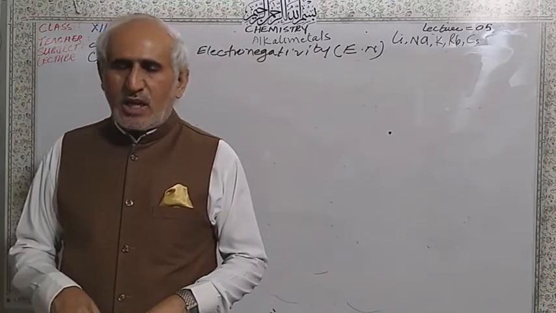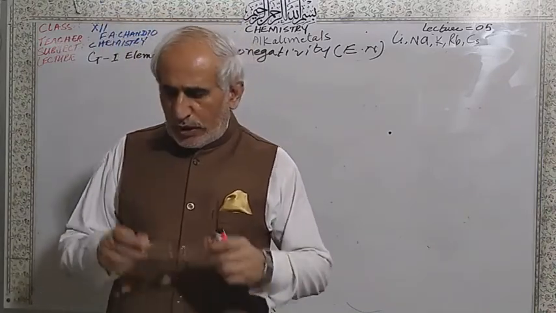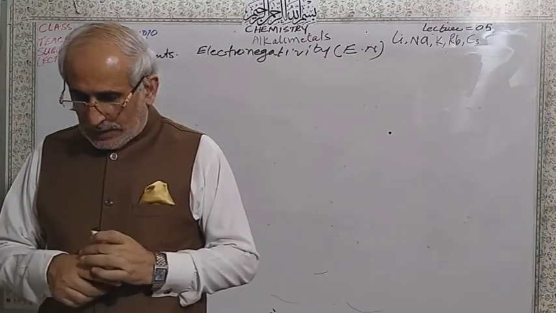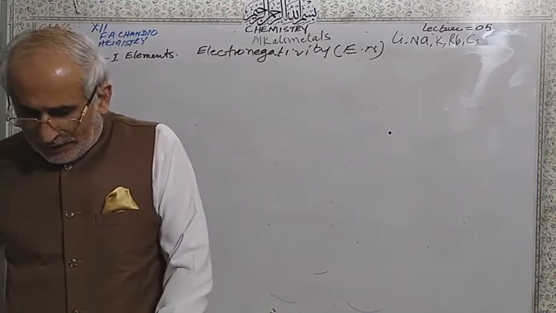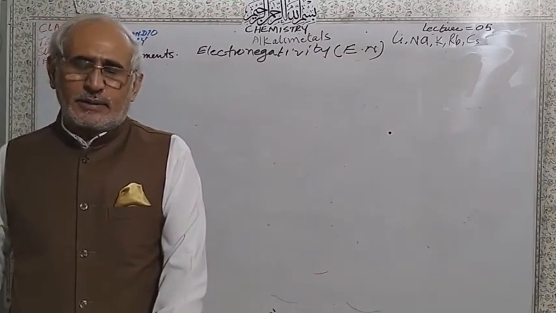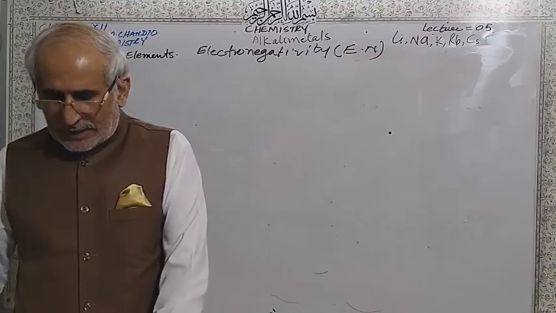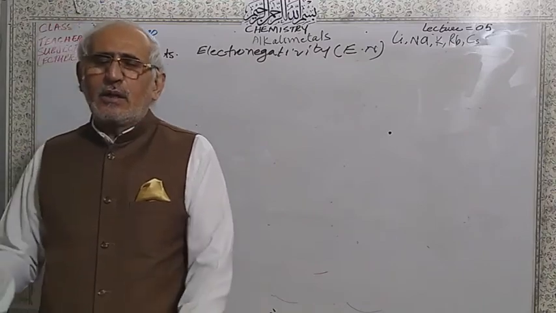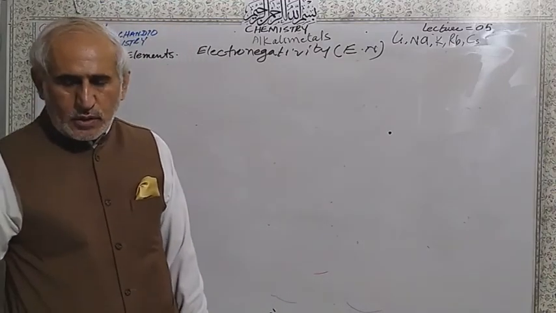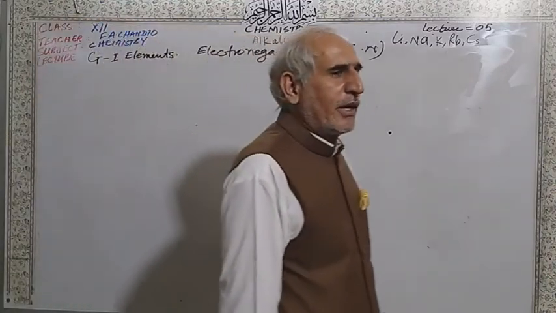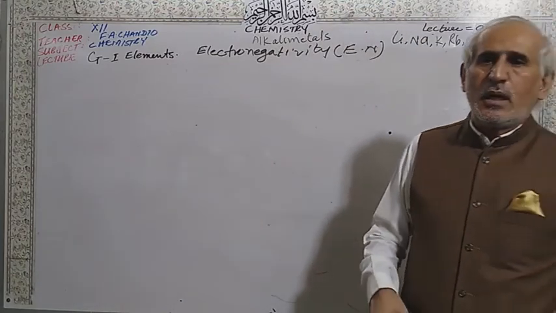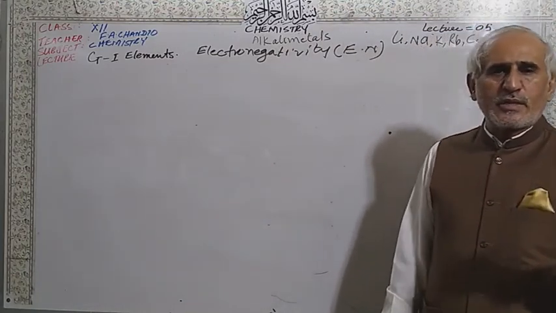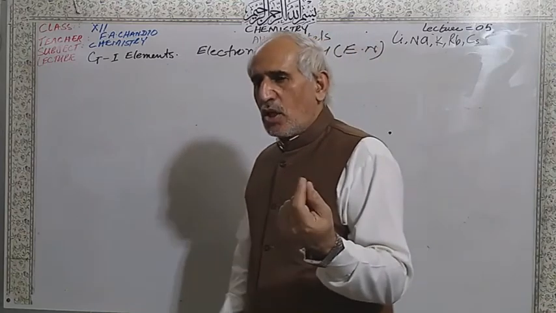There is another thing also. Alkali metals impart a characteristic flame color on the Bunsen burner. Just as an example, at your home there is common salt, sodium chloride, and if you put it on the fire, it gives a golden yellow color.